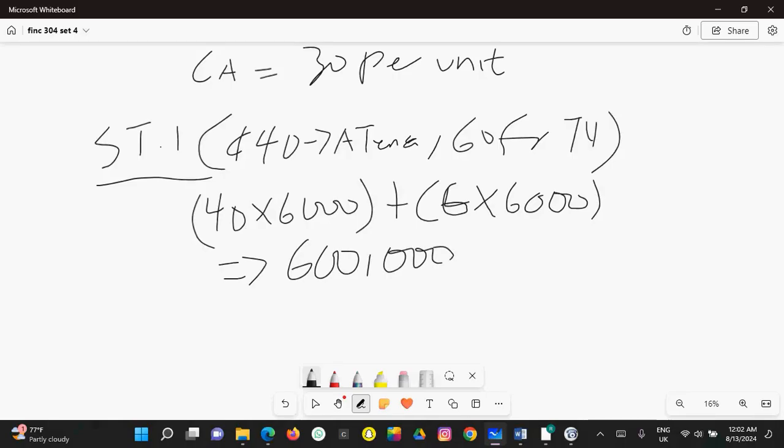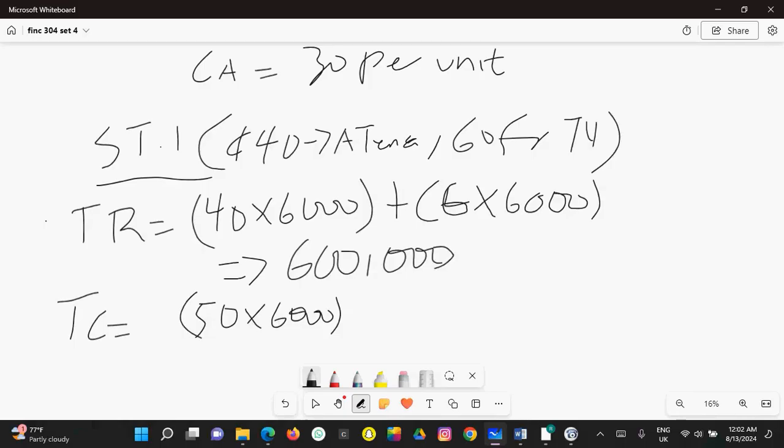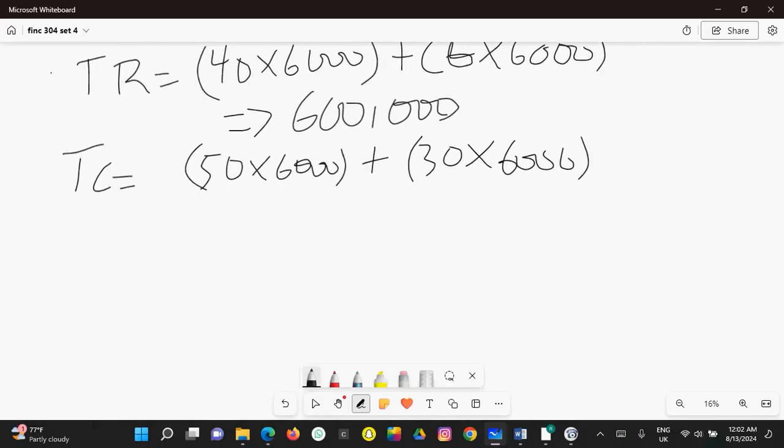This is our revenue. Our total cost is going to be 50 times 6,000 for the TVs, plus 30 times 6,000 for the antennas, which gives us a total cost of 480,000.